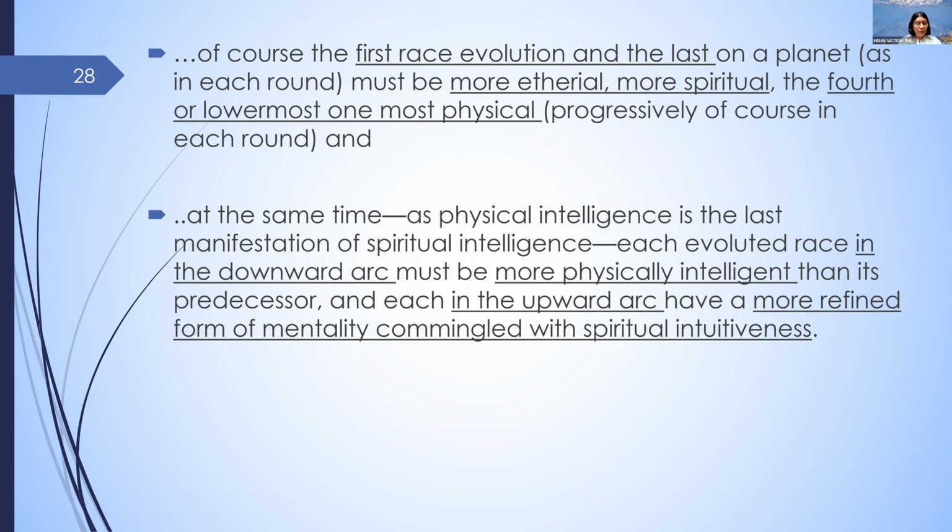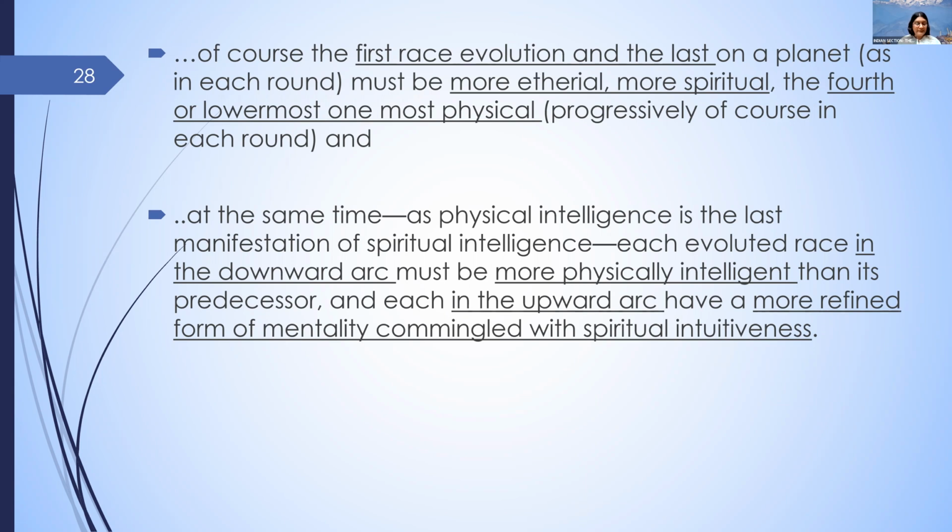Then the fourth root race men, who were the Atlantean men, they evolved and they developed very high mental ability. And they were also most material. They made stupendous progress in all arts, architecture, science, and technology. But ultimately, their materialistic nature, that is what became their downfall.